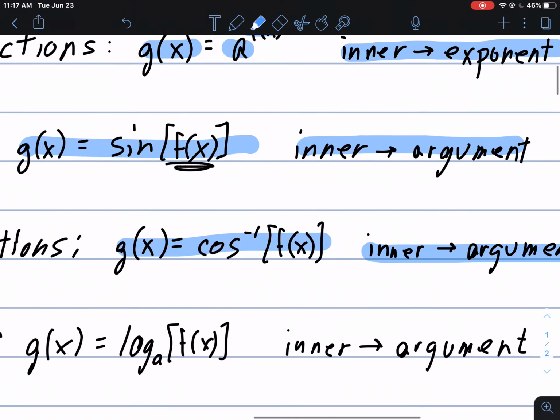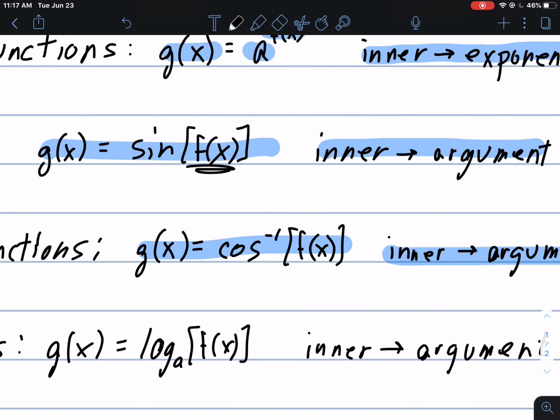So then I would differentiate, in this case, the inverse cosine function, however that works, we'll talk about that. And then I would have to multiply that times the derivative of that inner function, which is the argument, whatever the argument happens to be. And then again, when you get to the inner function, it just depends on what f of x is. F of x may be a trig function itself, or a power function, or an exponential function. It just depends on what type of function it is. We then differentiate it.